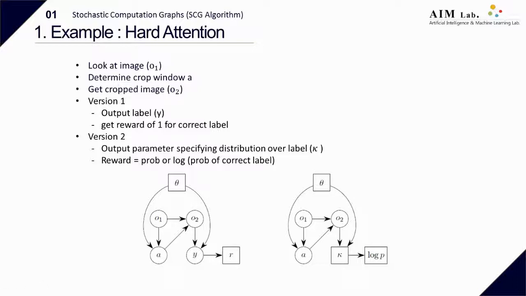To get the second observation, we use this window, and also when we get some label, we have some parameters to get labels, and after getting the label, we find its reward with the true label.